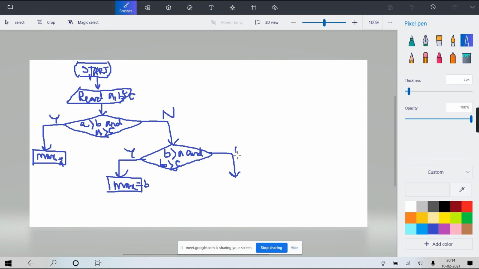Okay? Yes or no. So when this is no, obviously C is maximum. Do you understand? See, if A is not greater than both and B is also not greater than both, obviously C is maximum. So here directly can I store max is equal to C, right? So now after all this activity we will come to a print statement. Okay?